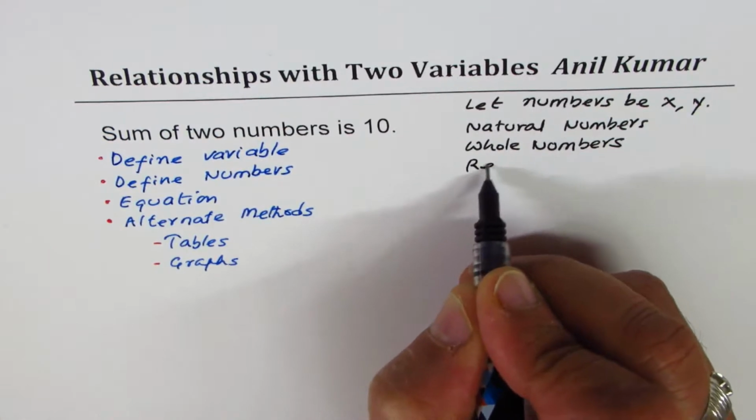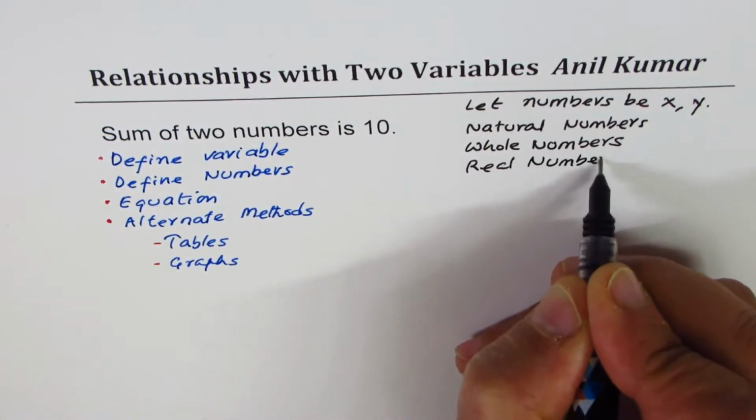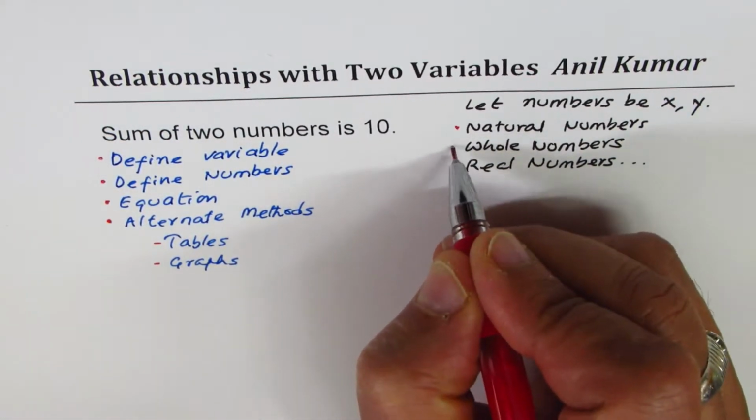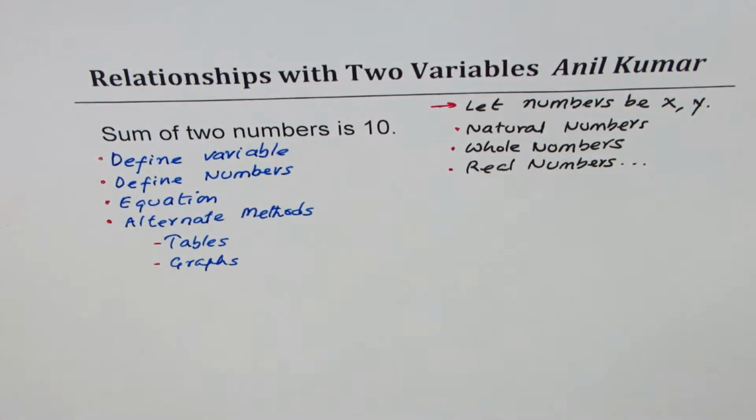We could think about, for example, real numbers, right? And so on, correct? So there are different sets of numbers which we could think about when solving such questions. It's kind of important, right? How? Sometimes zeros are not valid and we are working in natural numbers.